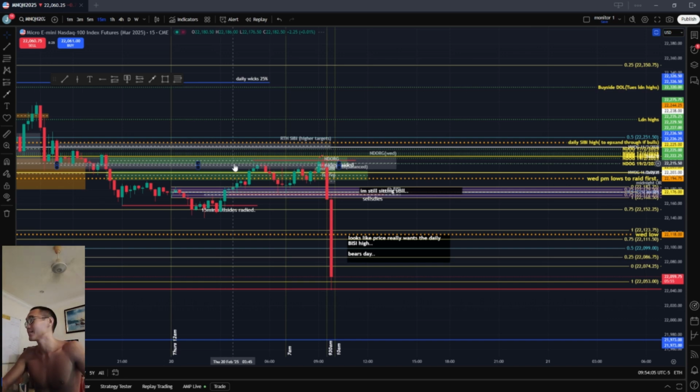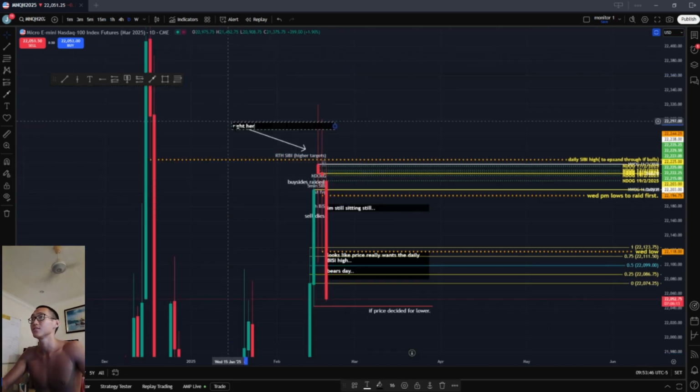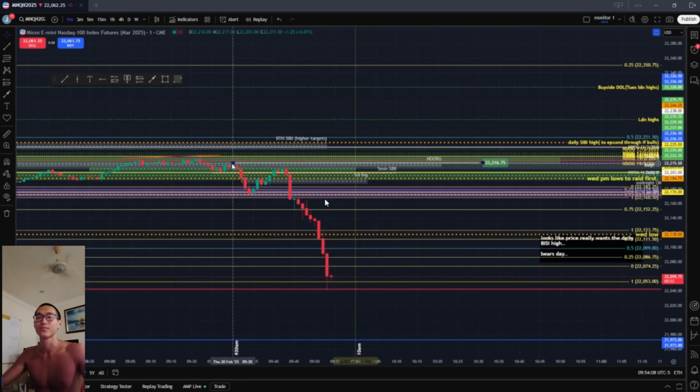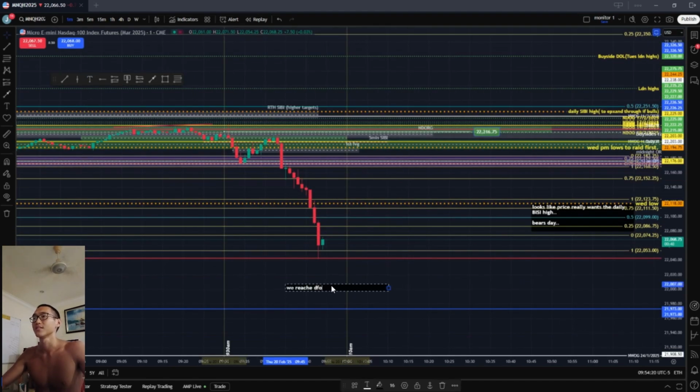You see, the daily CB was holding price and formed a swing high, then it's actually really reasonable to move lower. Sometimes it just happens, you're going to get it wrong sometimes. So yeah, I got it wrong today.